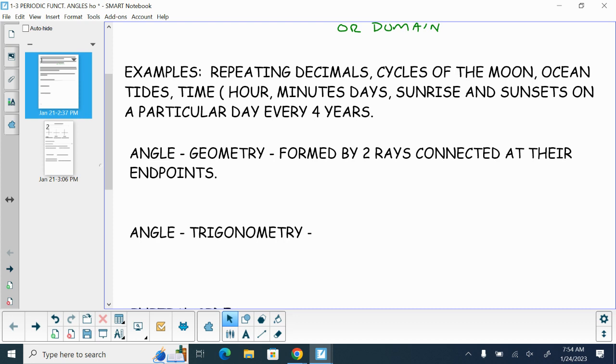That is how we define the ray. We had one ray, then we connected at the endpoints a second ray, and we determined an angle. Two rays, the Ray brothers, connected at the endpoint. This was an angle.